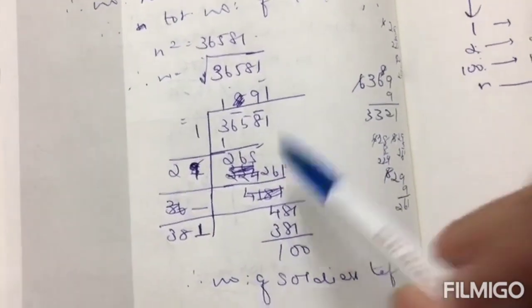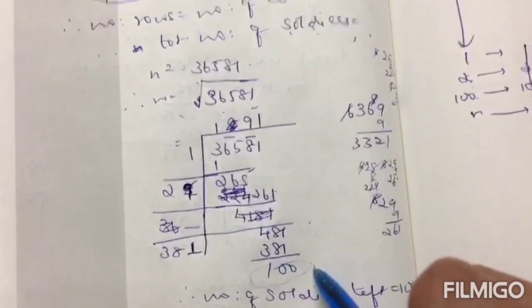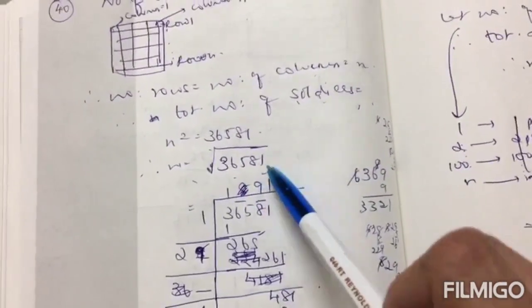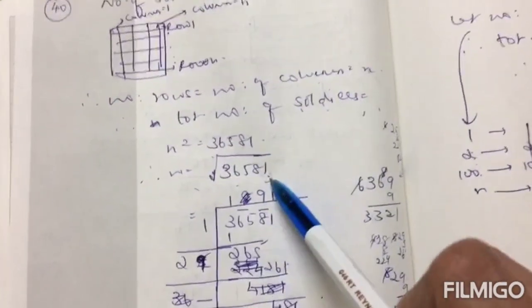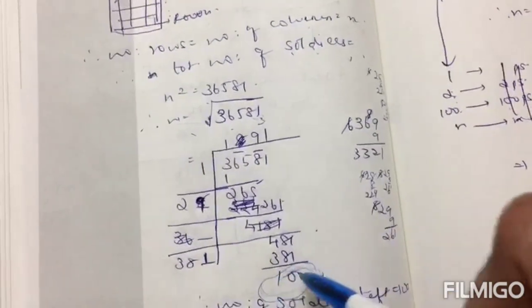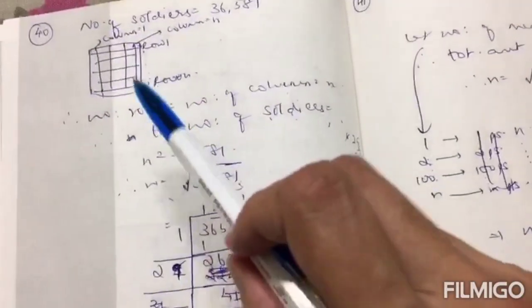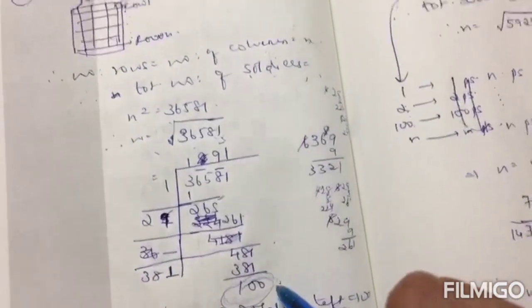In this case, you will find that there is a remainder of 100. This means that this is not a perfect square. If it was a perfect square, all the soldiers would have fit into the square. But they have not. That is why you have a remainder of 100. Therefore, the number of soldiers left over is nothing but 100.